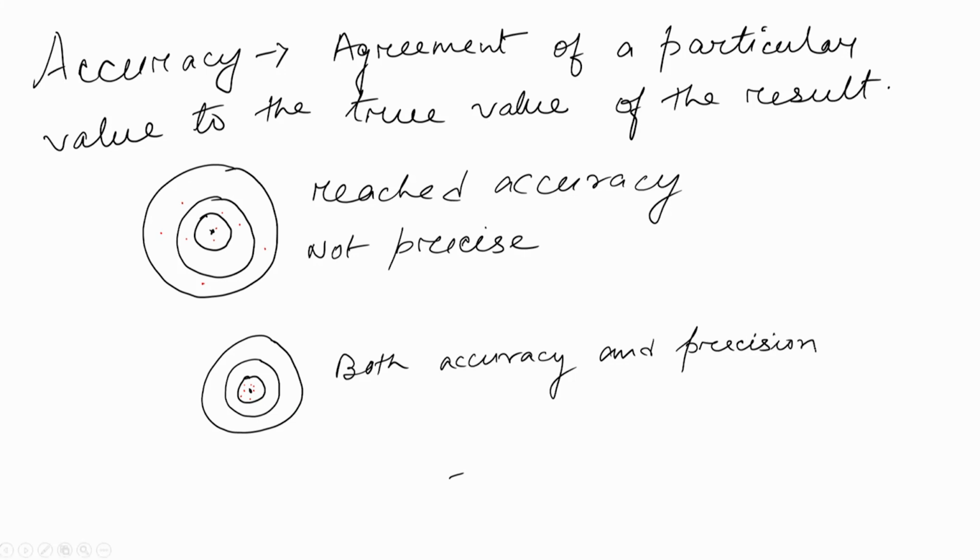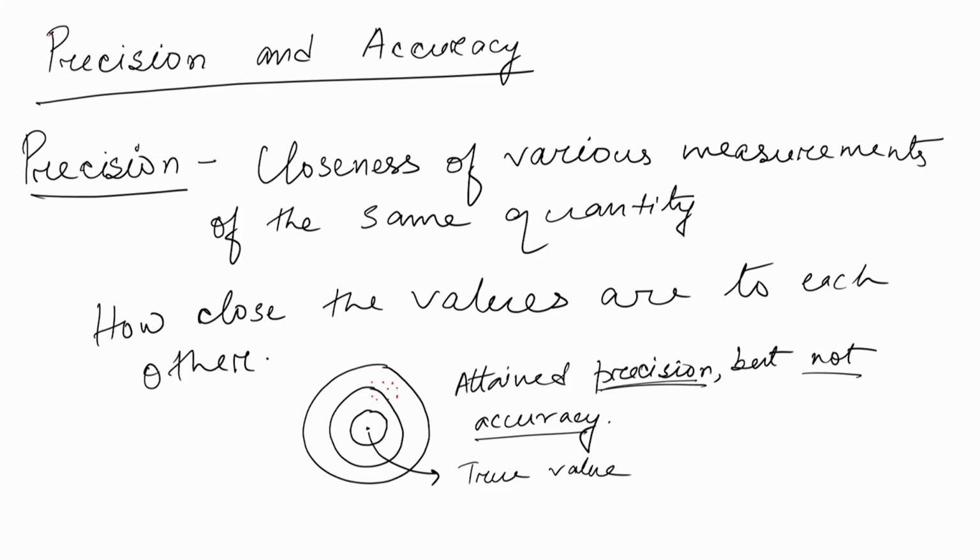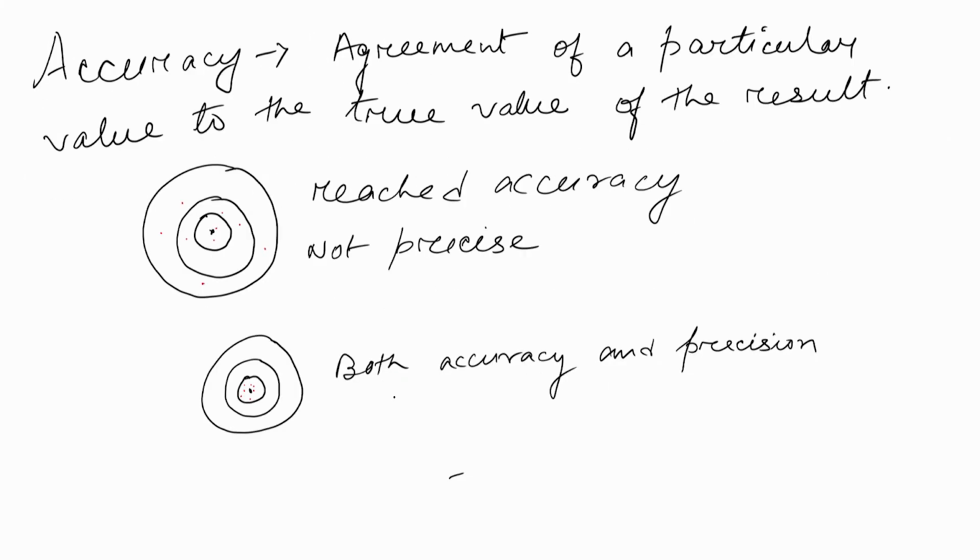Okay. So, this case was precise but not accurate. In this case, these 2 points were accurate but not precise. And these points are both accurate and precise. Okay. And let's say again, we have these points.